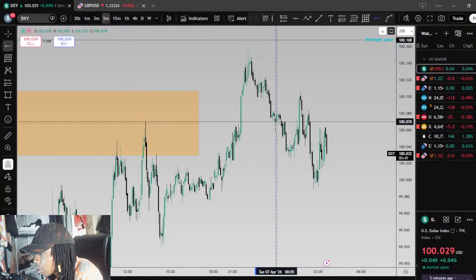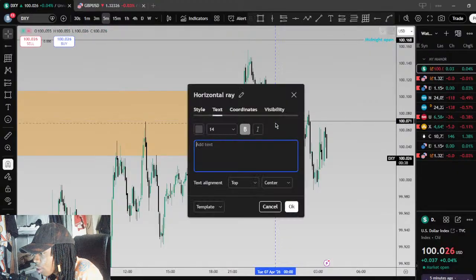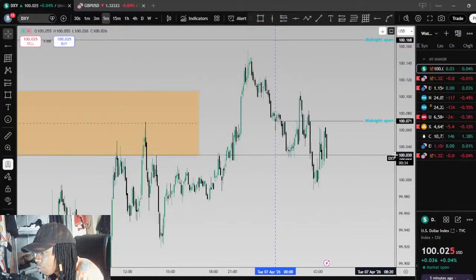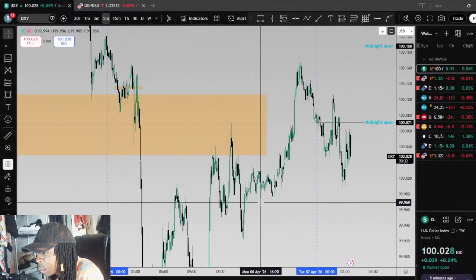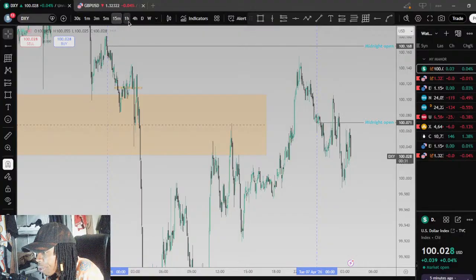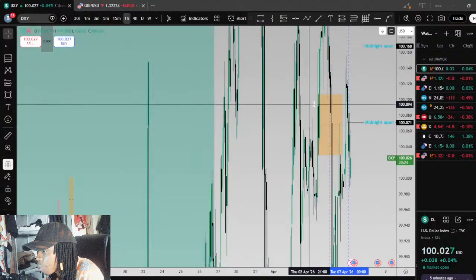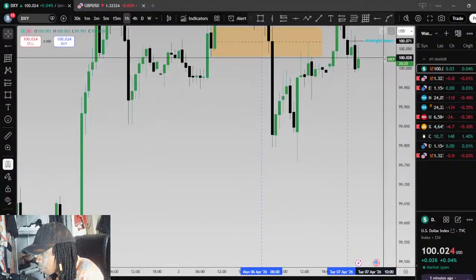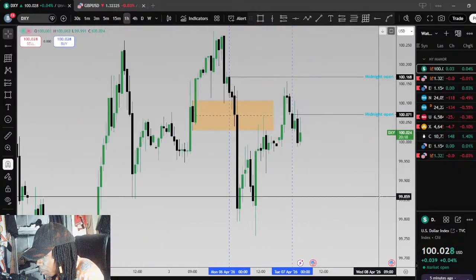It's on midnight open on this side. Just being stubborn too, by the way.